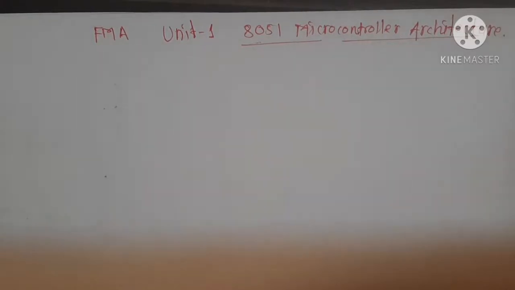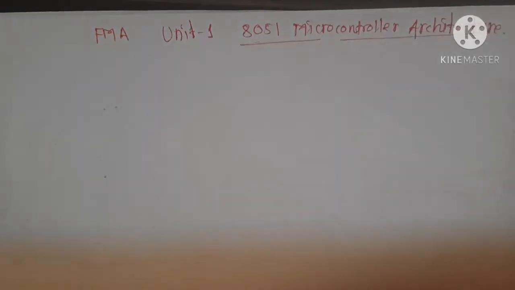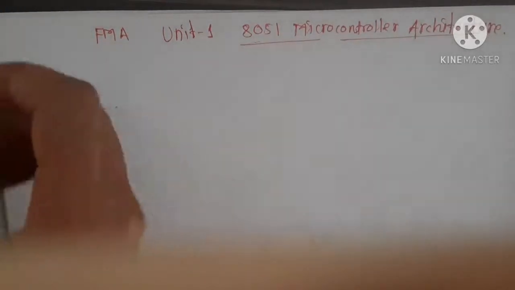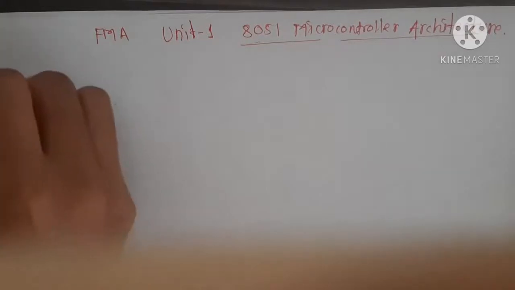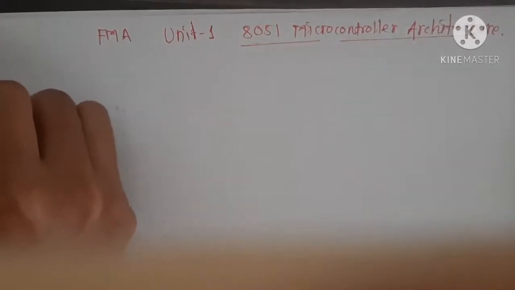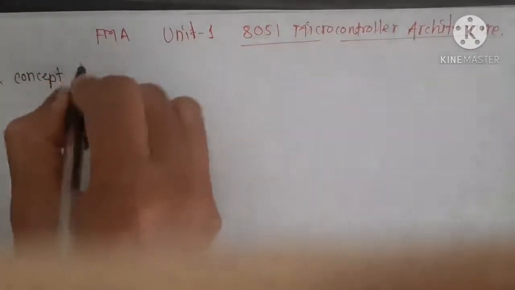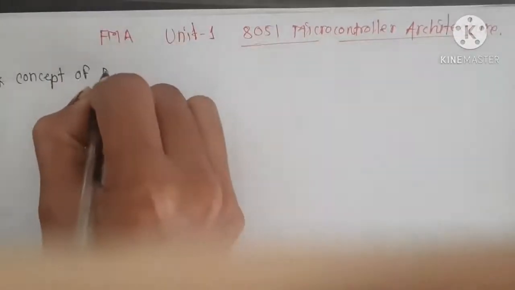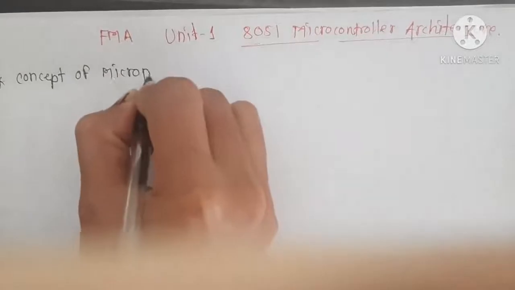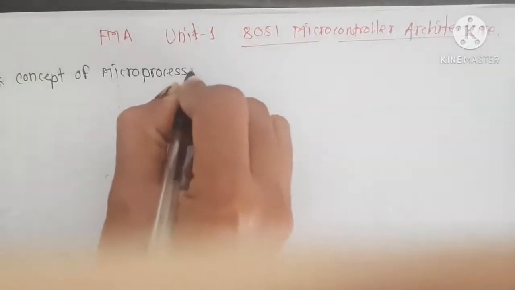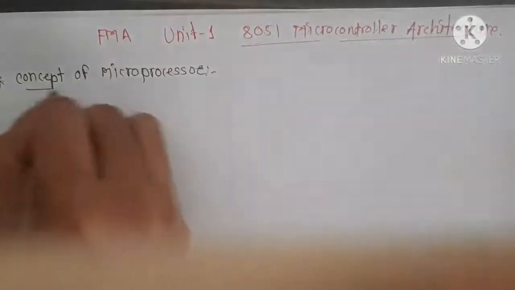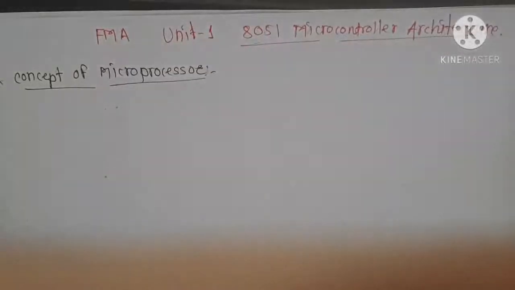Before that we will see what is the microcontroller. Before that we will see what is a microprocessor. Concept of microprocessor. So microprocessor is nothing but one of the CPU.